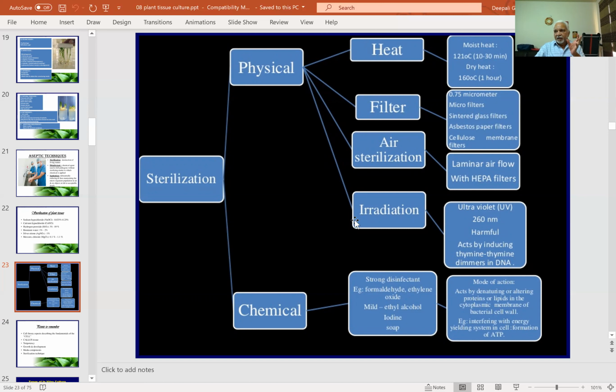UV radiations, you can leave the whole thing under UV for some time before you start using. So that also takes care of killing the microbes. So like that, there are various ways, both physical and chemical, which have been successfully used for getting this sterilization done.